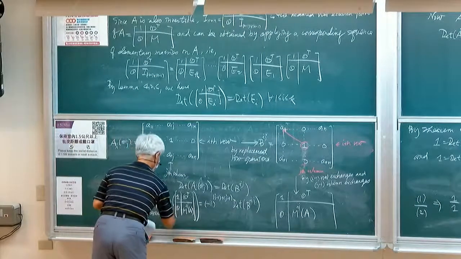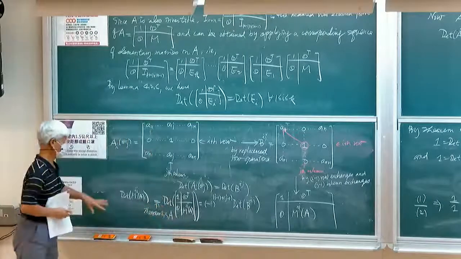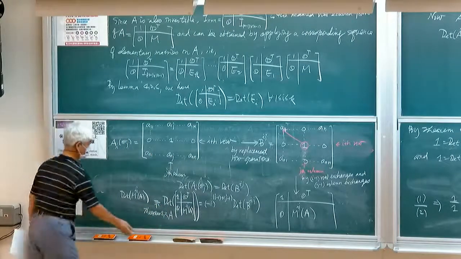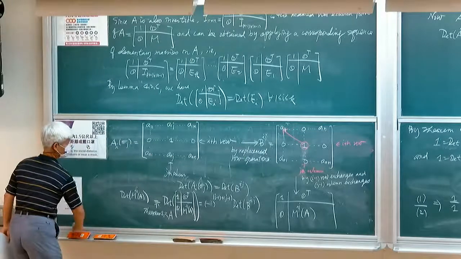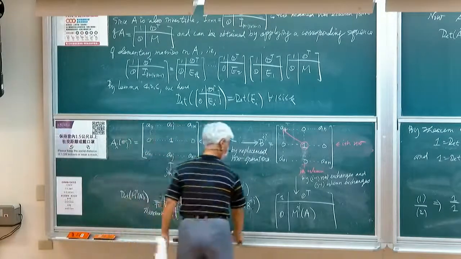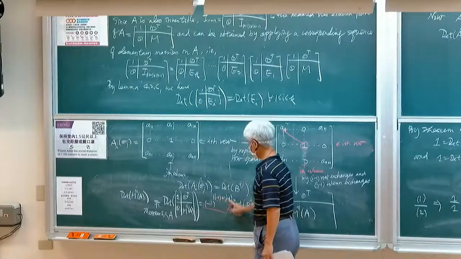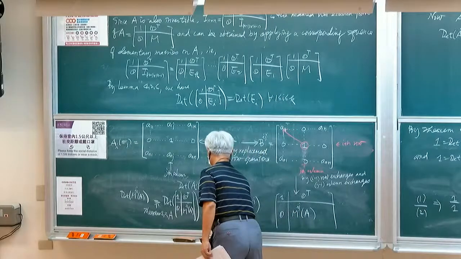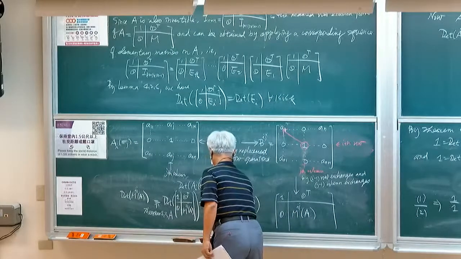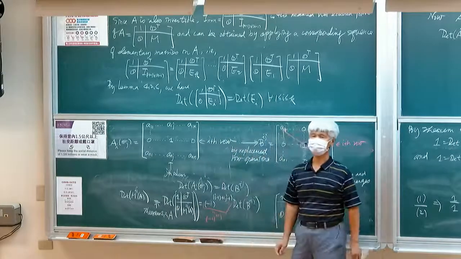Okay, we just proved that. But because minus 1 minus 1, this is equal to i plus j. Same.